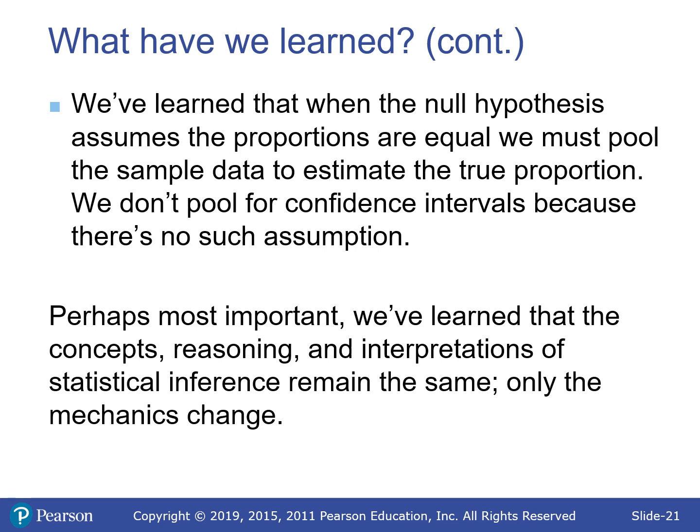And again, most important, we've learned that the concepts, reasoning, and interpretations of statistical inference remain the same, only the mechanics change. It's that step 3 on how to run the actual test. You name the test. Again, use your calculator. You're just using a different test than the one sample ones.